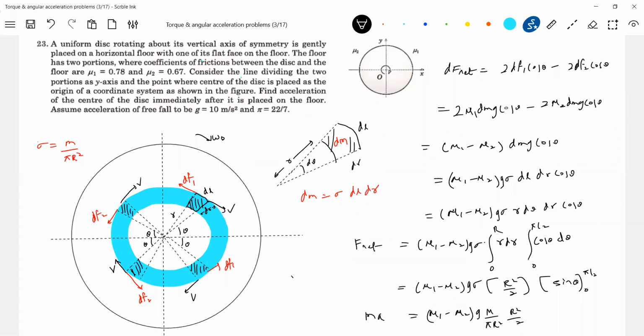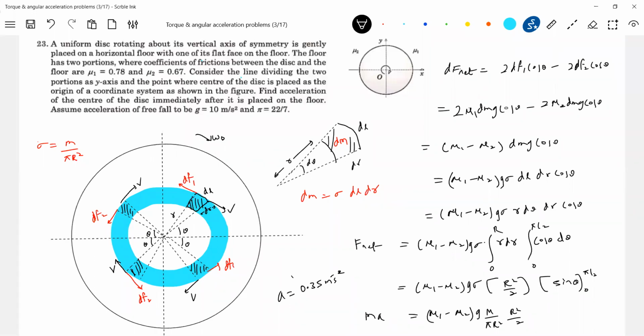And in what direction is this acceleration? Everything substituted, you'll get the answer. You do the calculation later on. In what direction is the acceleration?